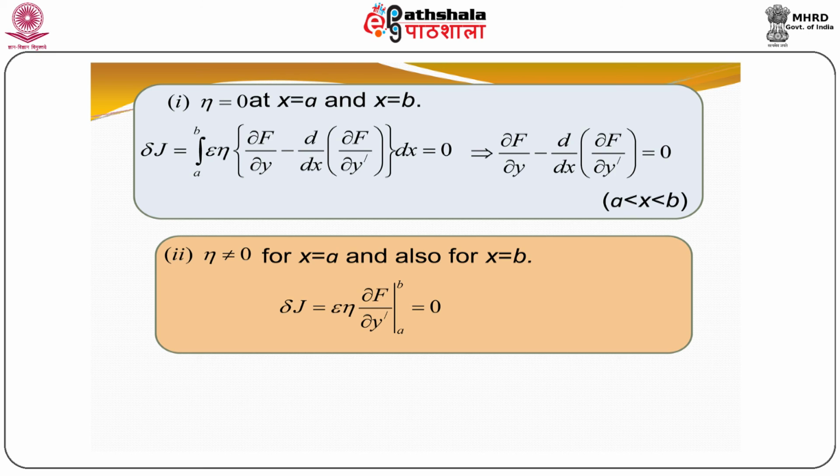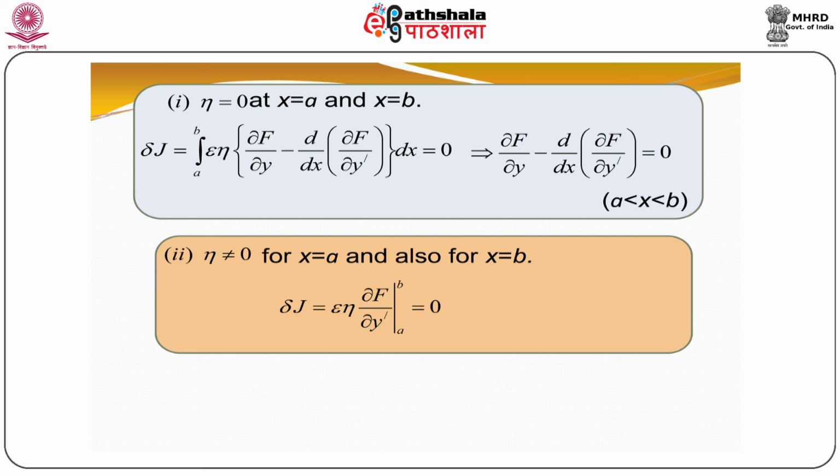By the Euler Lagrange equation, the integral on the right hand side of 8.13 vanishes. This finally gives the variation of J, that is delta J, equal to epsilon into eta into the first order partial derivative of capital F with respect to y dash taken at a and b equal to 0.